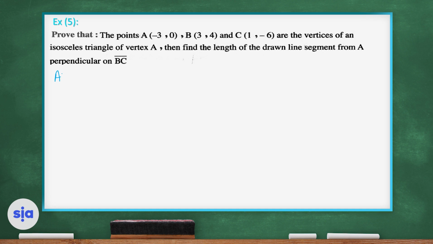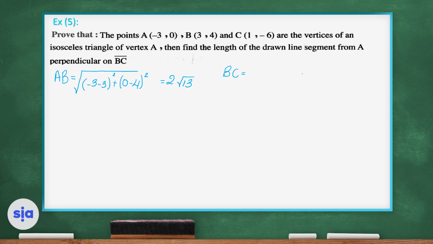So AB equals the square root of (-3 - 3) all squared plus (0 - 4) all squared. So the length of AB is 2 square root of 13. We go now and find the length of BC.